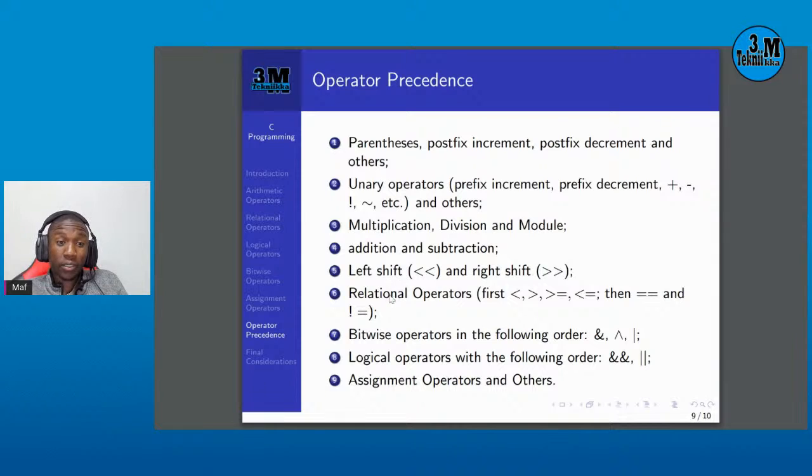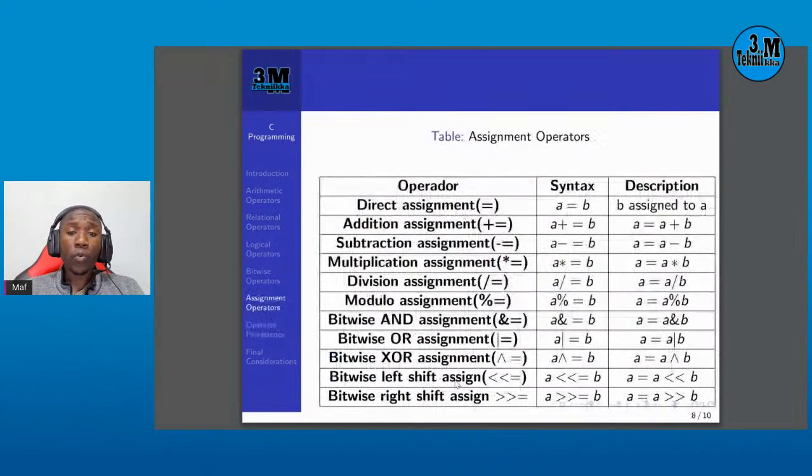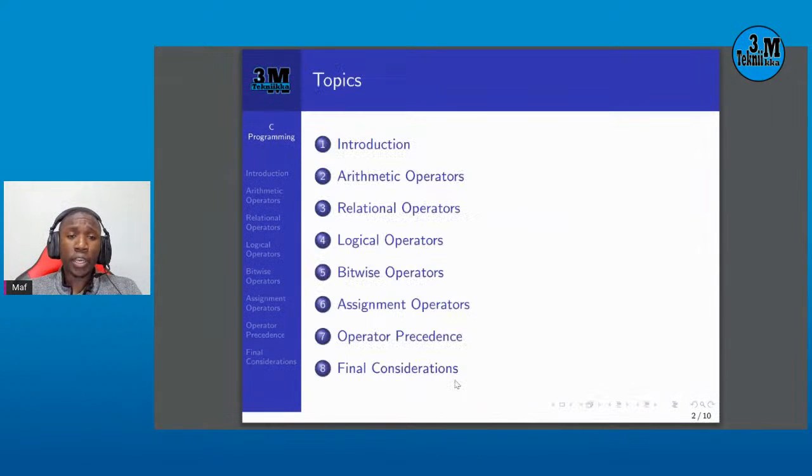After these, the bitwise operators, the normal bitwise operators, and XOR and OR come after. Then, last but not least, you have logical operators, and then assignment operators. This is what I have to show you in theory, but let's go to the practice.